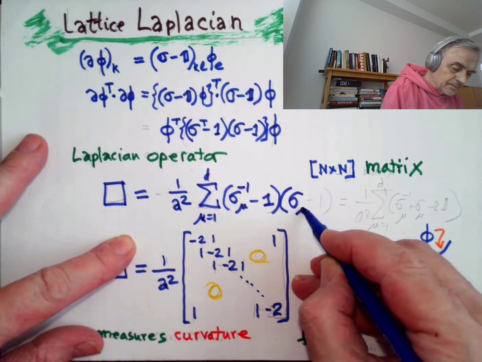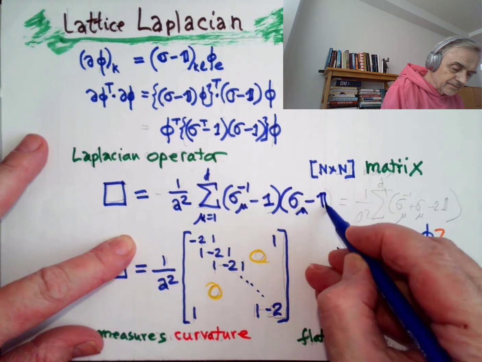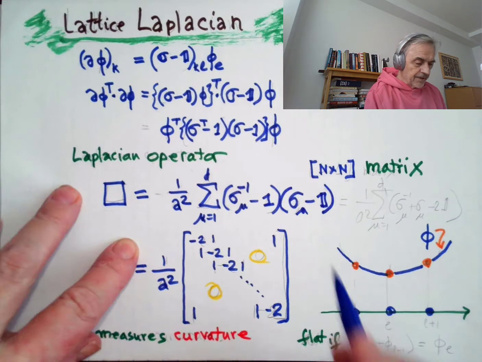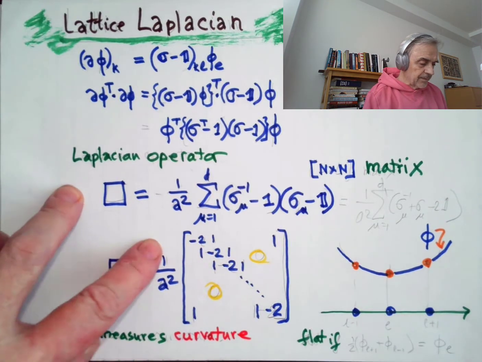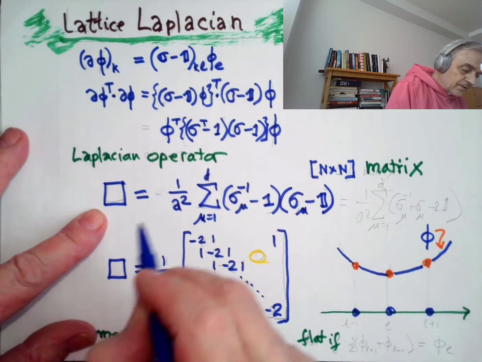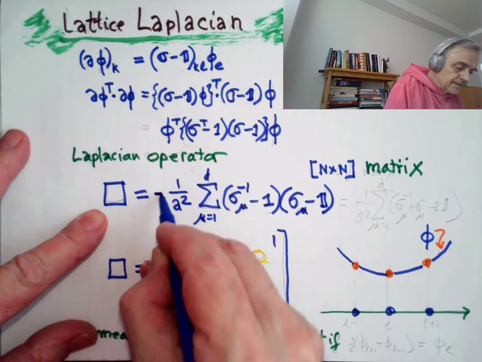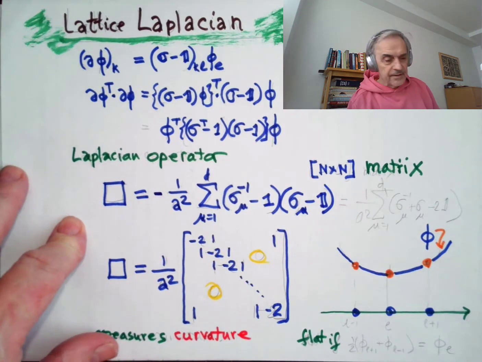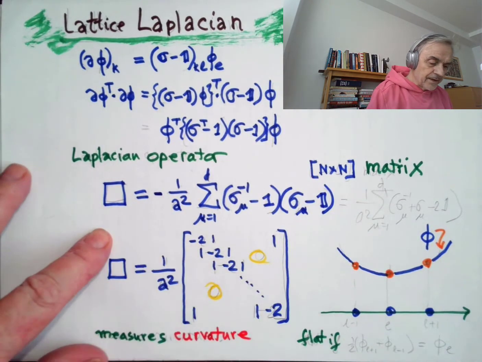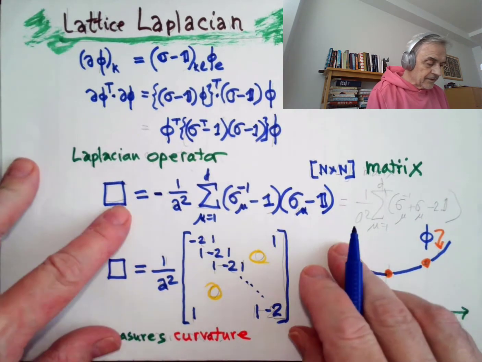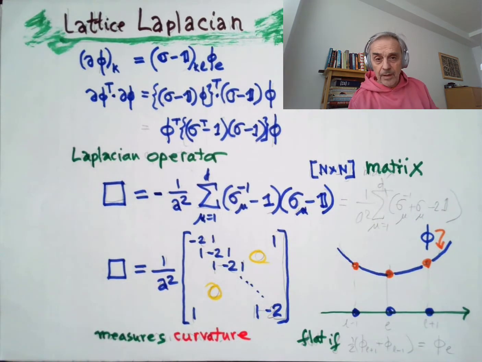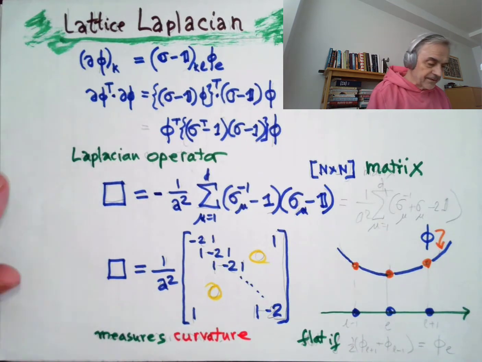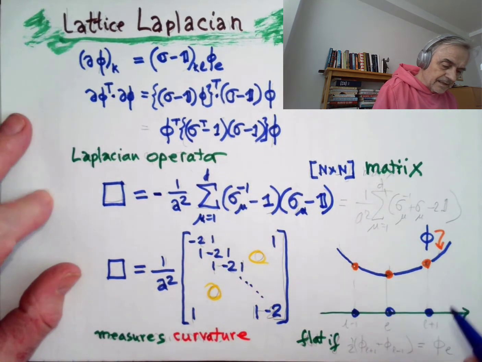Sigma mu minus 1, summed over all dimensions. And it's convenient to put, for positivity reasons, etc., a minus here. So this Laplacian, what we'll call Laplacian operator, is just an n by n matrix, we can multiply out.